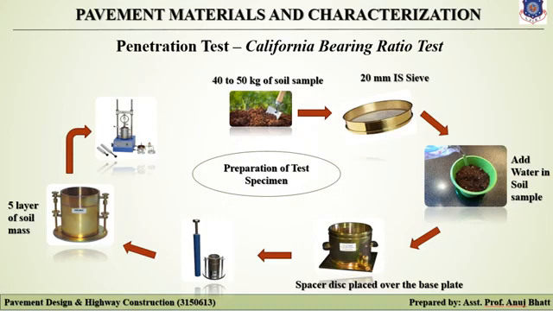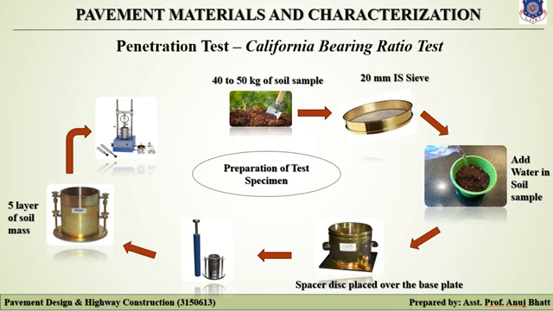After compacting the fifth layer, the collar is removed and the excess soil above the top of the mold is evenly trimmed off by means of the straight edge. 3 such compacted specimens are prepared for the CBR test.